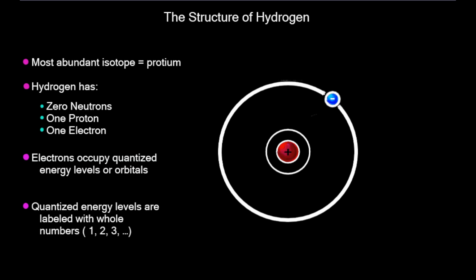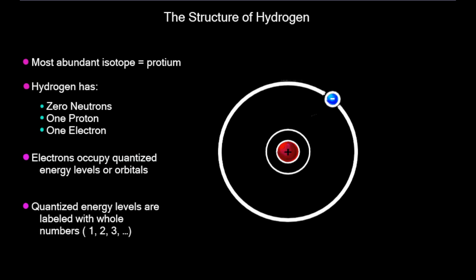So, returning to our hydrogen atom, protium, the most abundant hydrogen isotope, contains one proton and no neutrons in its nucleus. As you can see from the picture on this slide, the nucleus of a hydrogen atom consists of a single positively charged proton, zero neutrons, and one electron orbits around this nucleus. Electrons don't just move randomly around the nucleus. They stay in a specific region called energy levels or orbitals.